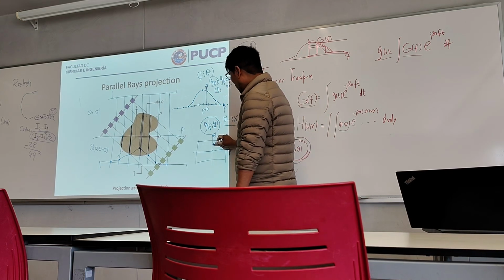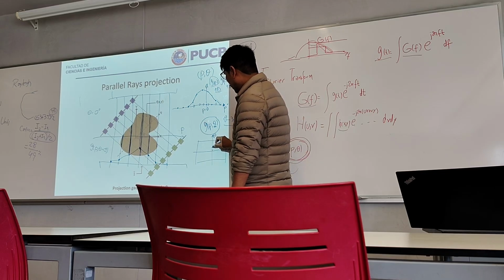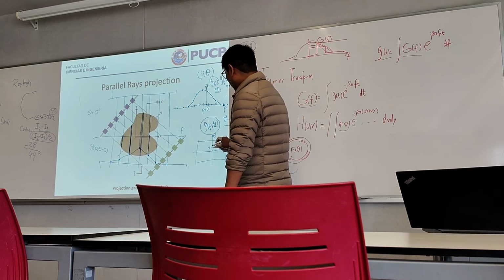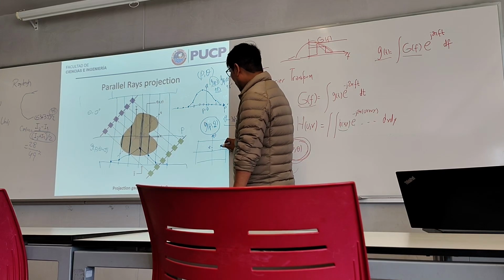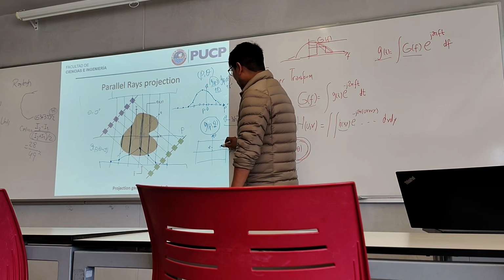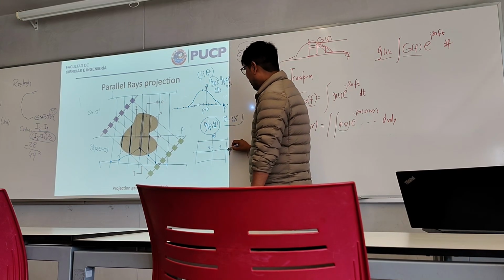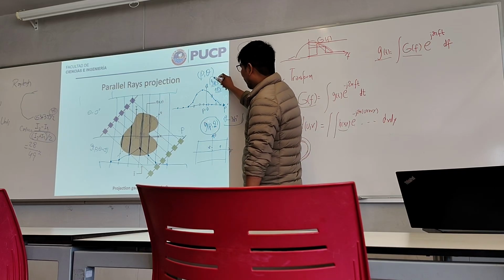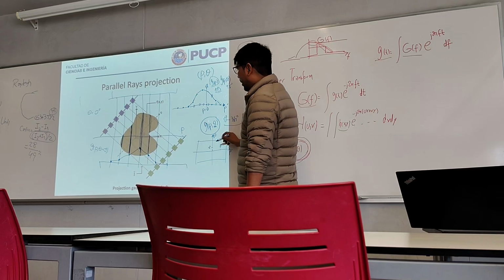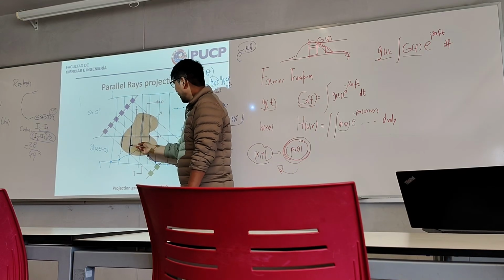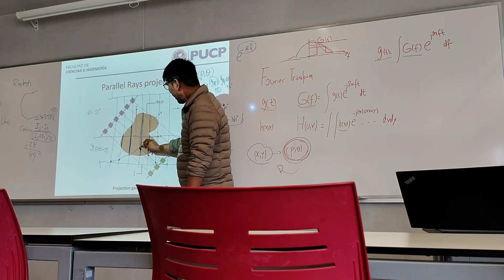For example, for theta 45 degrees and P equal around this point, we have some pixels here, and this value will be what? Maybe it will be this value for 45 degrees, this amplitude. Let's say, for example, where would this value be?